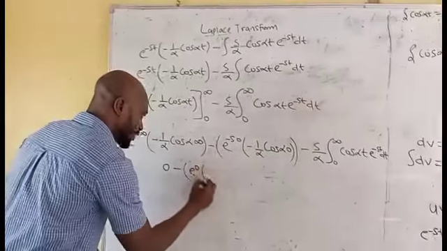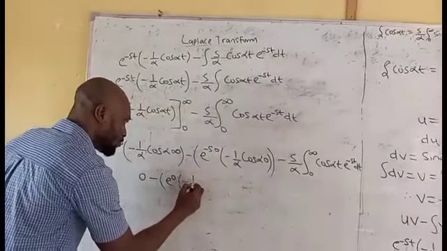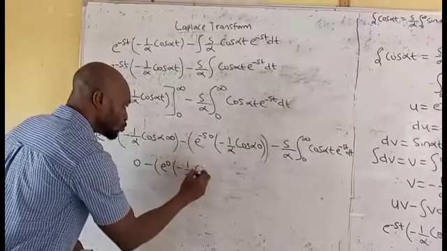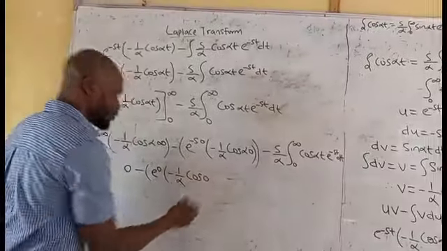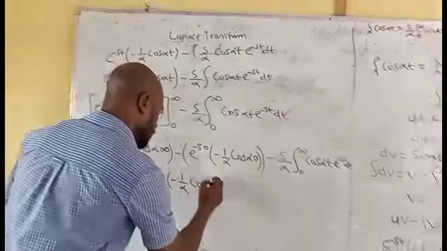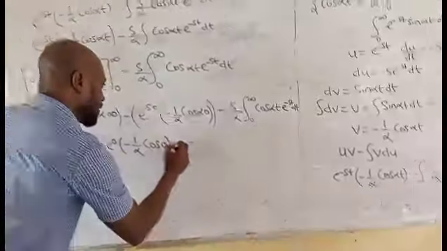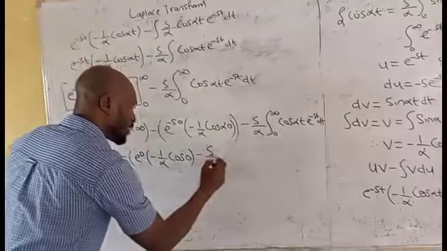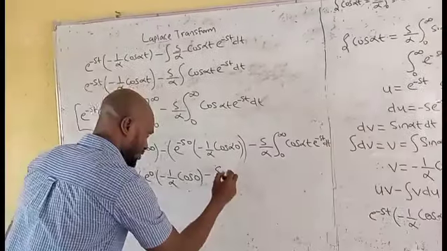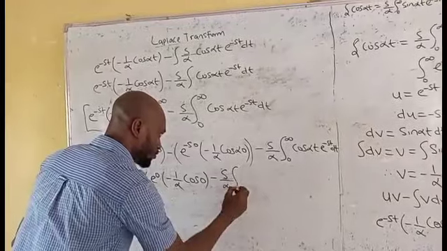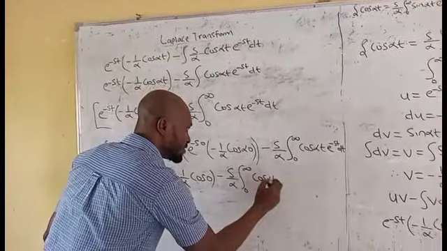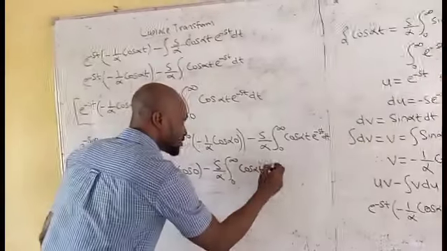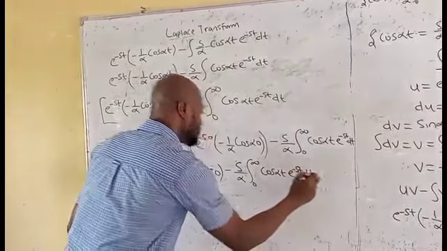Then this bracket minus 1 over alpha cos alpha times 0 gives you cos 0. Then I have my minus x over alpha, then the integral from 0 to infinity cos alpha t exponential minus st dt.